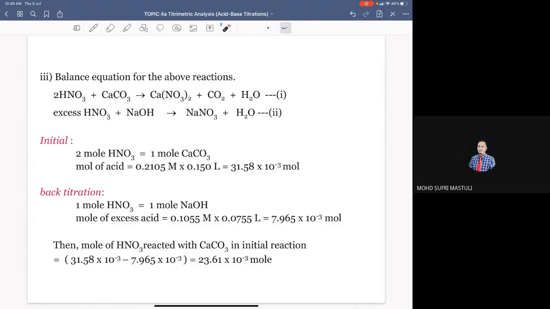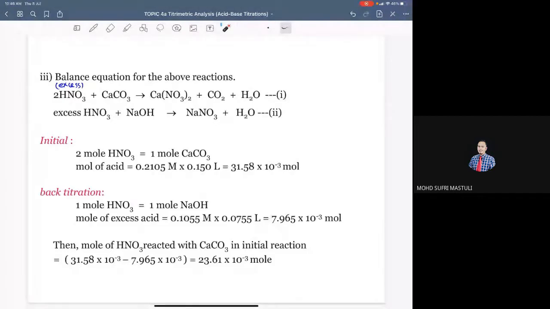The first titration is between nitric acid, which is in excess amount, reacted with calcium carbonate to produce calcium nitrate, CO2, and also H2O. So you have to balance this chemical equation.